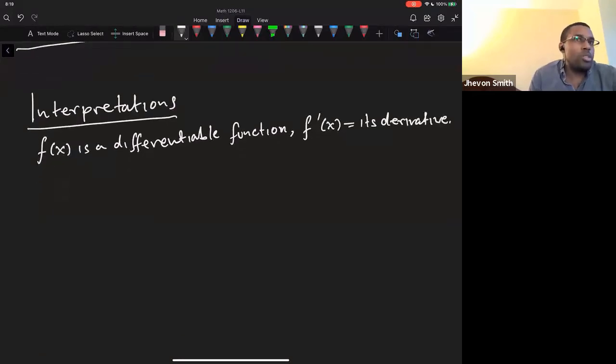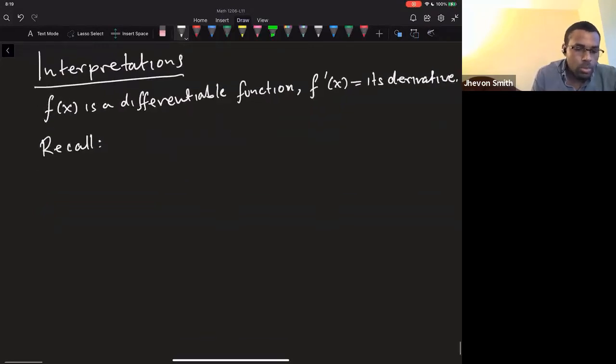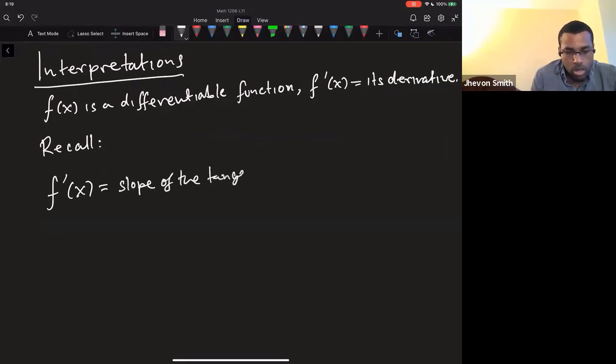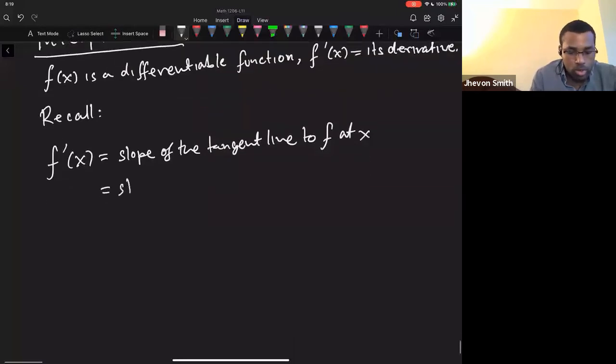How can you interpret the derivative? Recall some interpretations of the derivative. It is the slope of the tangent line to f at x. We could also think of this as the slope of the curve.